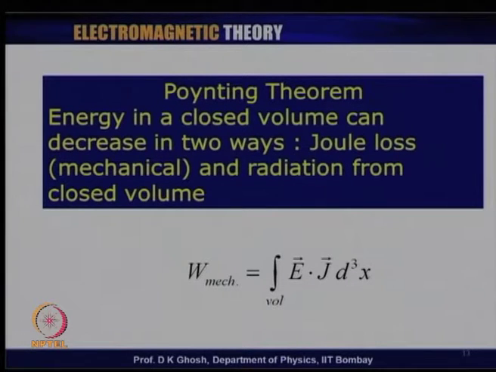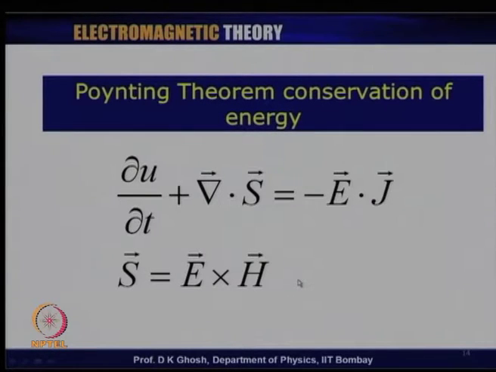We had seen that the mechanical work done is essentially the Joule loss, which is the integral over the volume of E dot j d cube x, and we also found there is a flux of energy from the field to outside the closed volume, and we defined a quantity called the Poynting vector, which is basically an energy flux term.